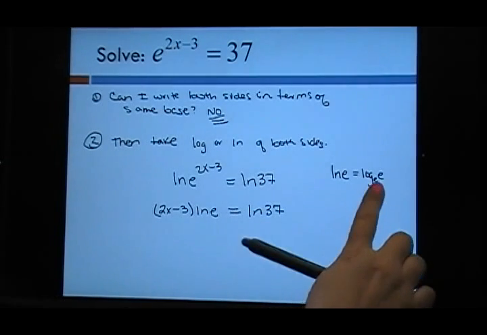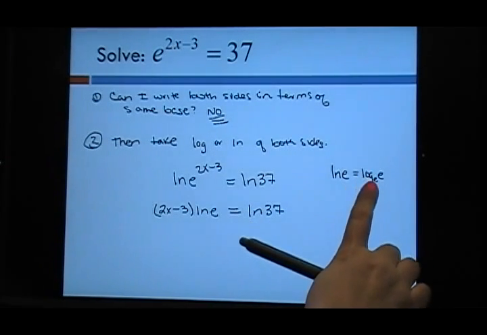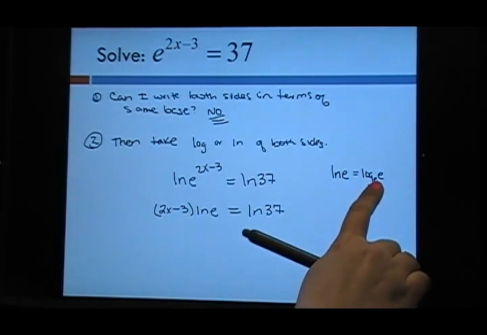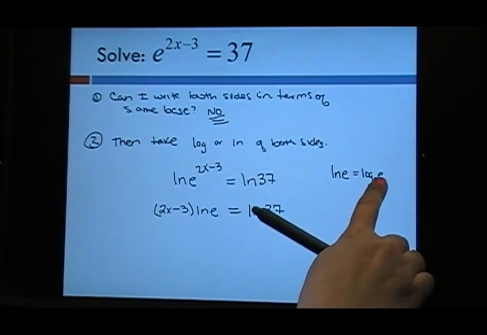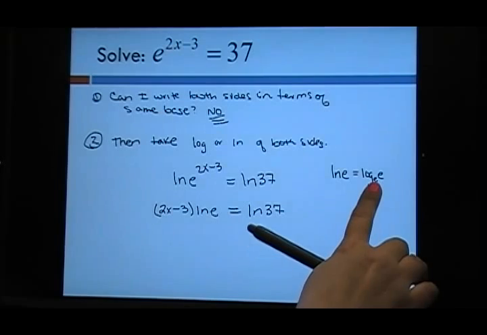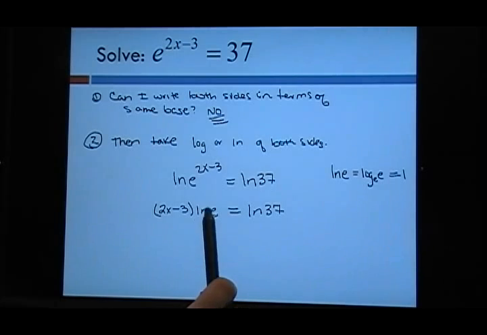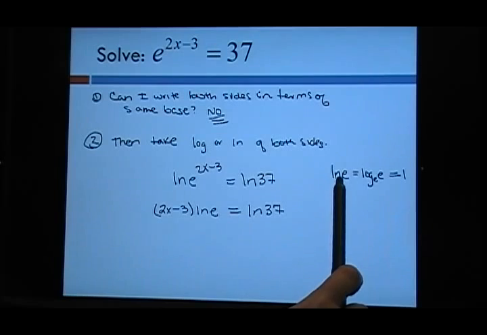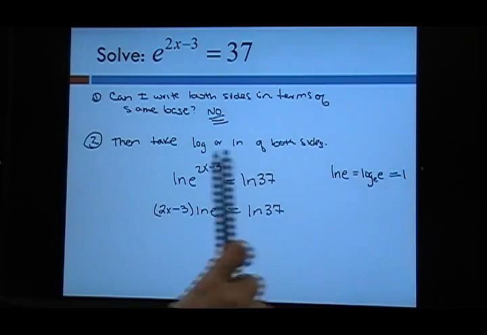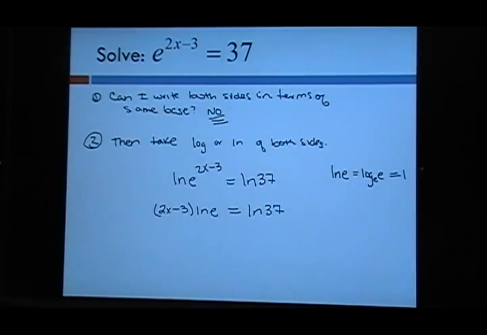And remember, when we're dealing with a log, it represents the power we raise the base to get the argument. So what would I raise e to get e? That value would be 1. And so it's nice anytime we can get an equation and we have natural log of e, because the natural log of e is just 1. And so that's going to simplify the work that needs to be done.